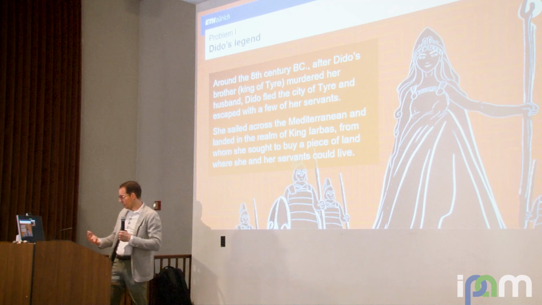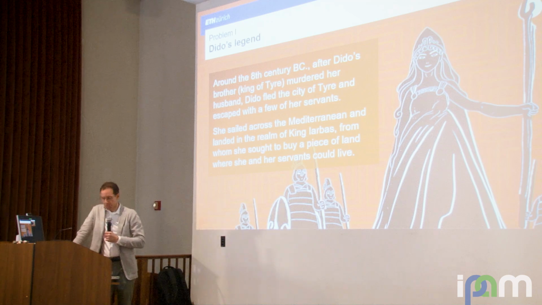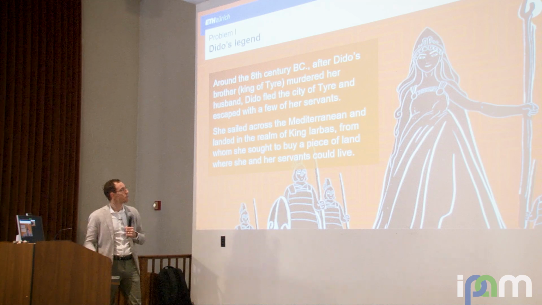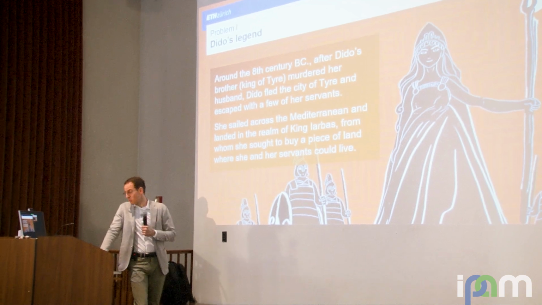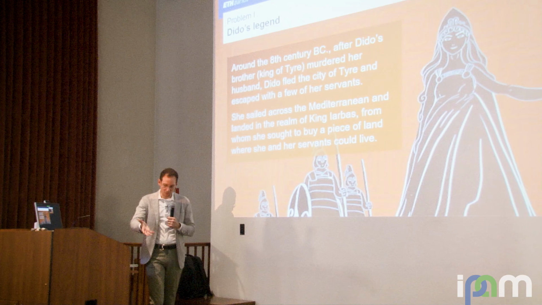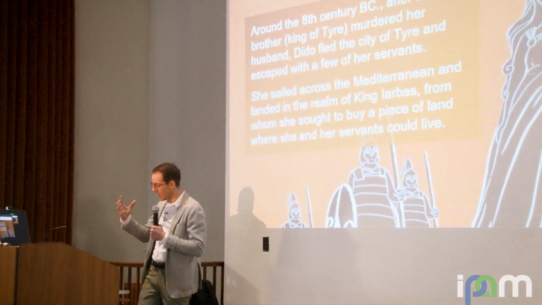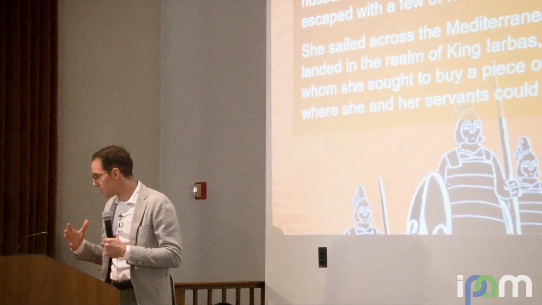So she arrived there with a certain amount of gold to give to the king. And the king tried to mock her and said, sure, for this amount of gold, I will give you as much land as you can enclose in a single ox hide. So, the skin of a bull. Something that looked like a terrible deal was something that Dido surprisingly accepted.